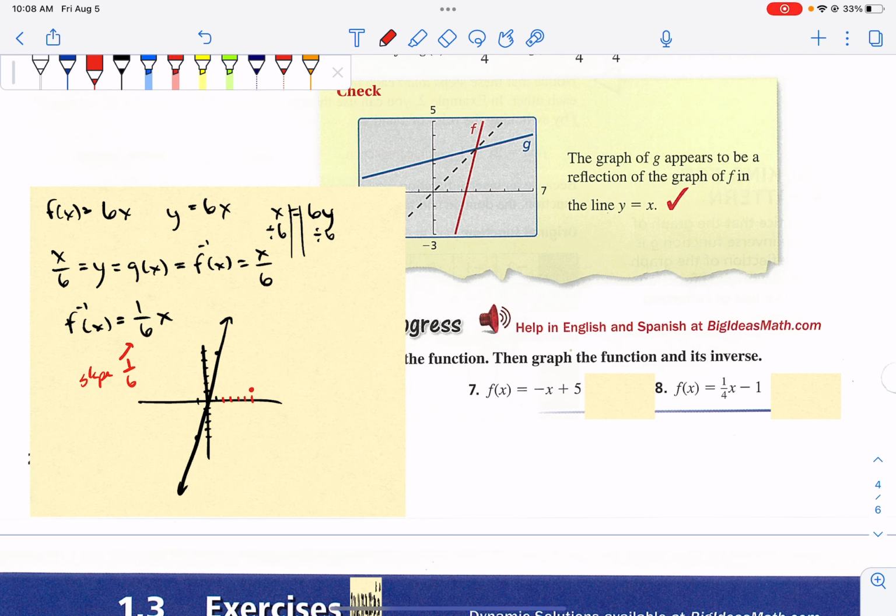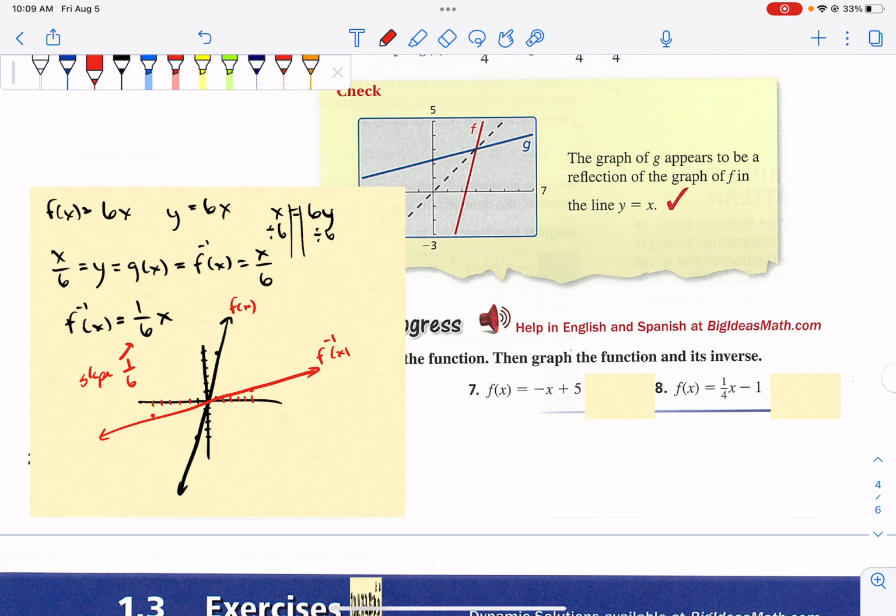So that means I'm clear over here. That also means to go the other direction, I go down 1 and over 1, 2, 3, 4, 5, 6. Okay. So my inverse function looks like this. This is f inverse of x, and this is f of x.